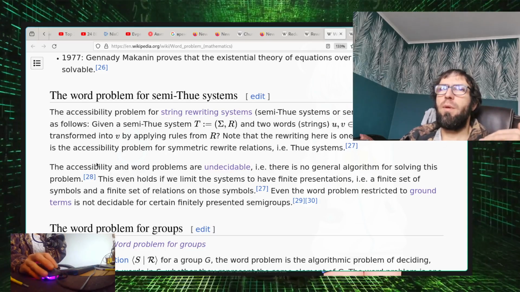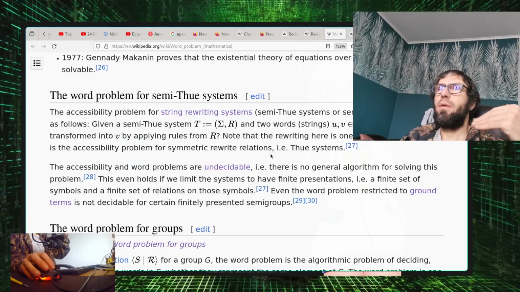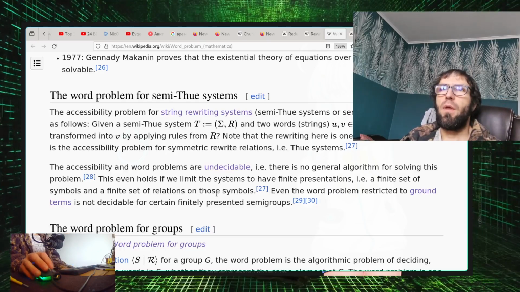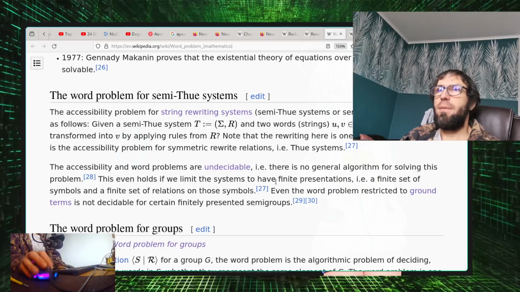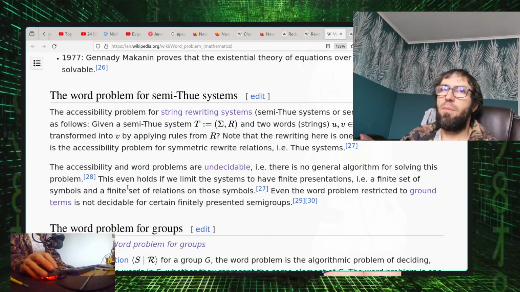The word problem is the accessibility problem for symmetric rewrite relations, i.e. Thue systems. And this problem is undecidable. There is no general algorithm for solving this problem.